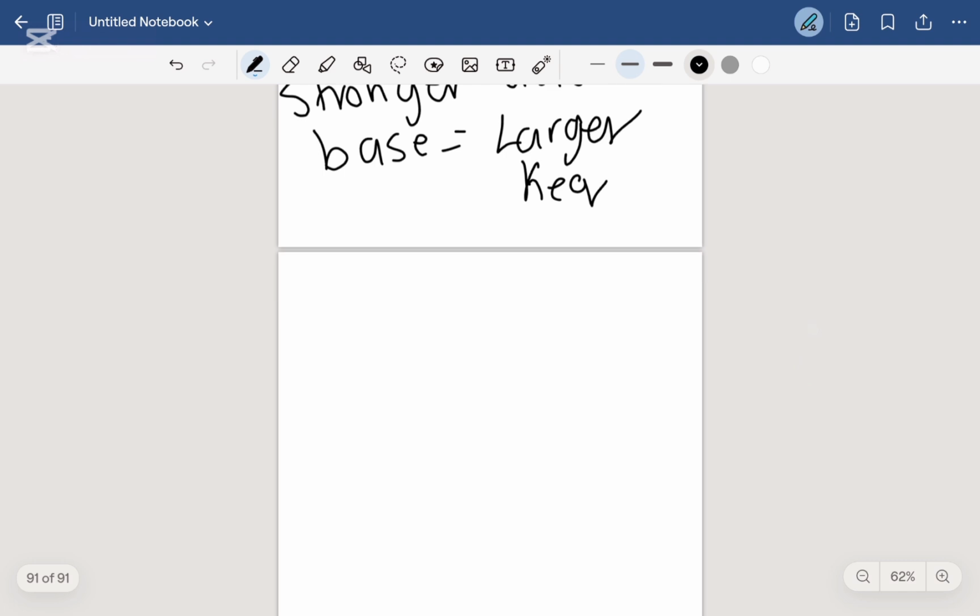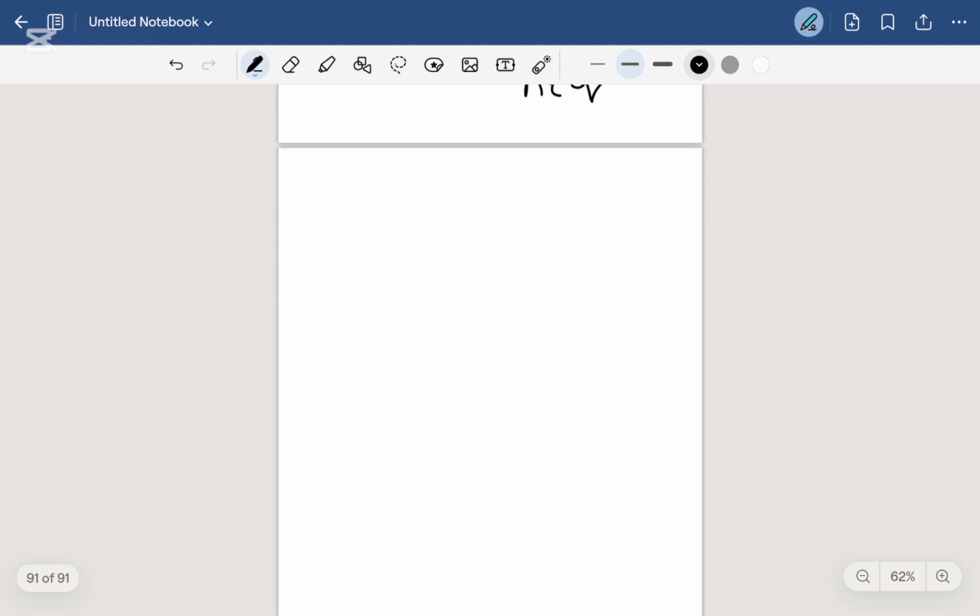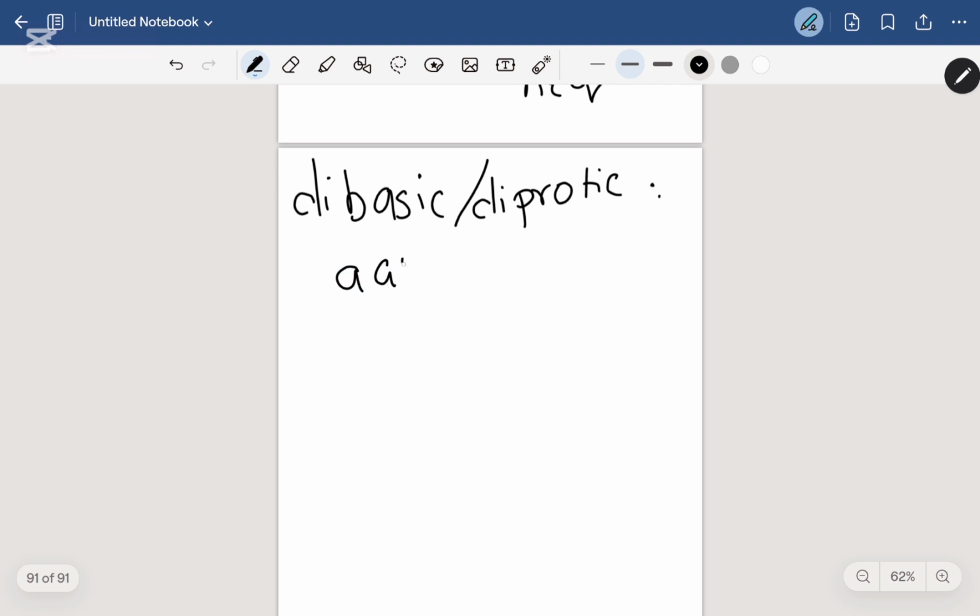Now, since we're talking about acids and bases, you have something called dibasic or diprotic. When we are talking of dibasic or diprotic, they mean the same thing. We are talking, first of all, about an acid.